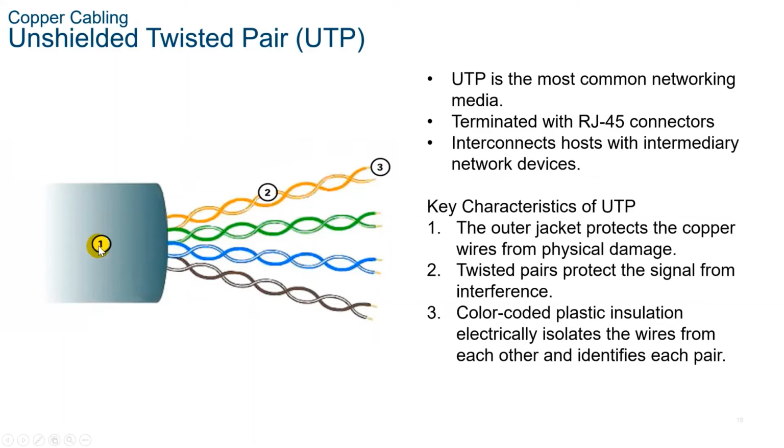The first one, the outer jacket, protects the copper wires from physical damage. Second, twisted pairs protect the signal from interference like crosstalk. And the third one is a color-coded plastic insulation that electrically isolates wires from each other and identifies each pair.